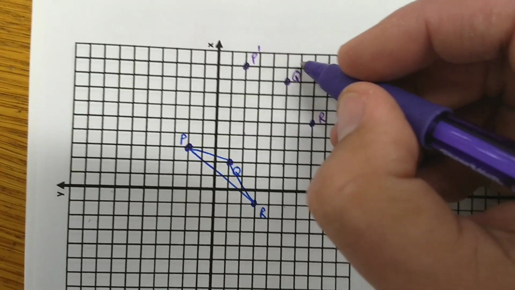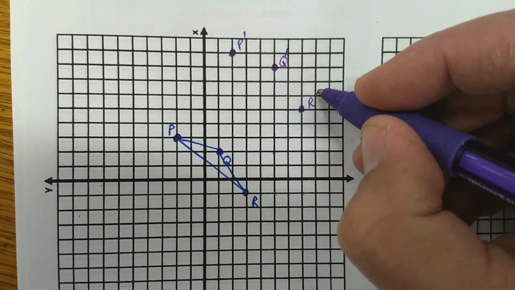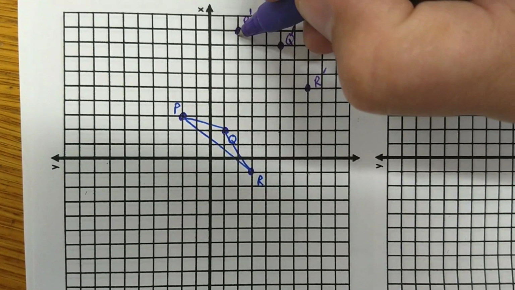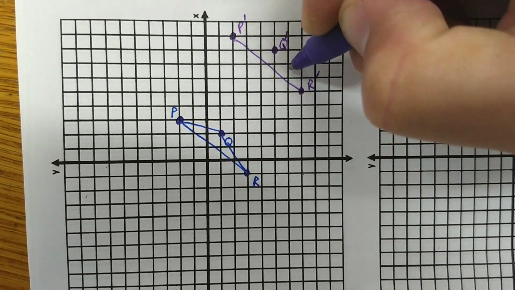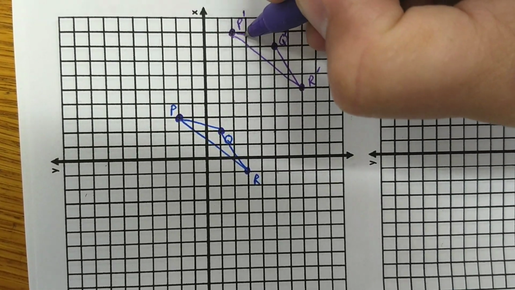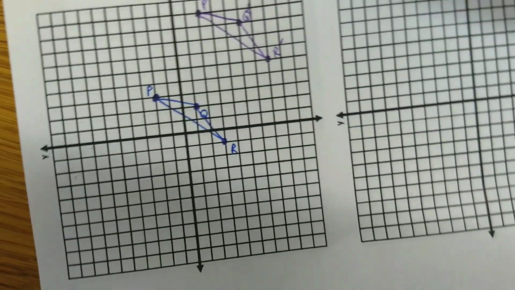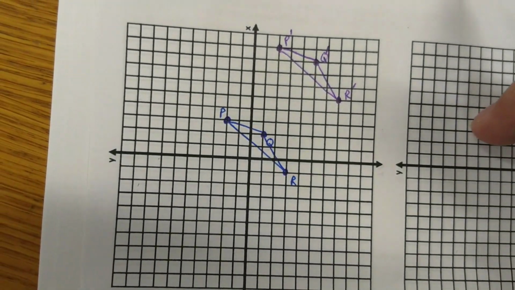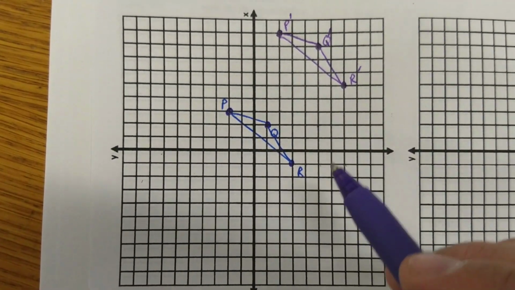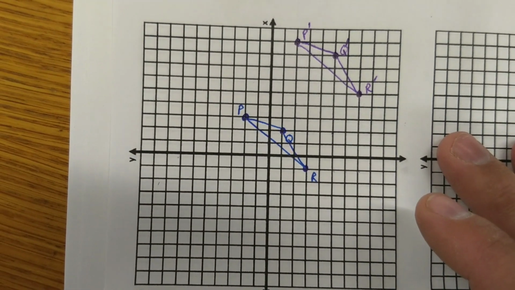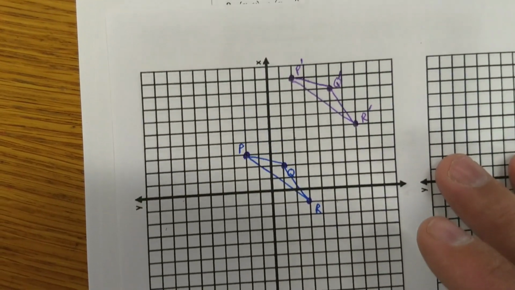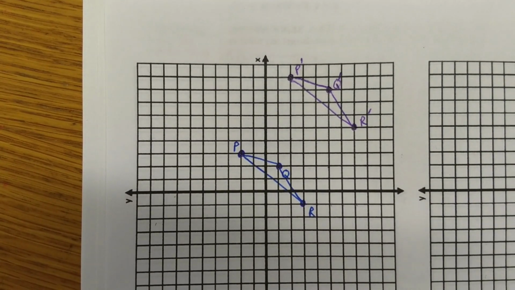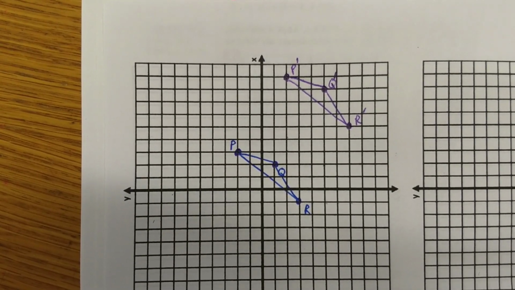I've got Q prime and R prime. I can now connect these. I have the exact same triangle, but the entire shape is shifted 4 units over and 6 units up.